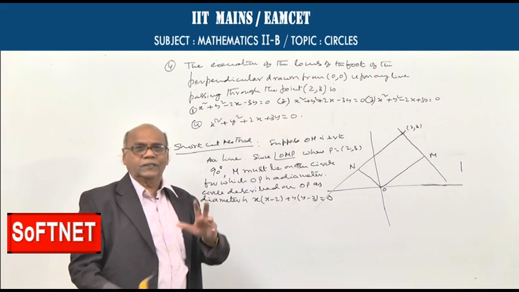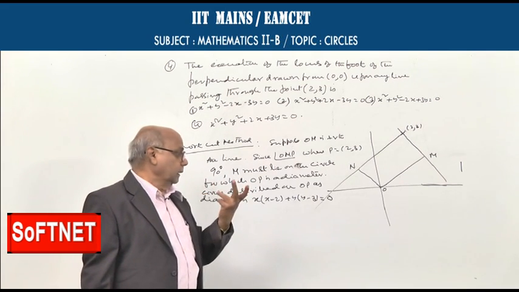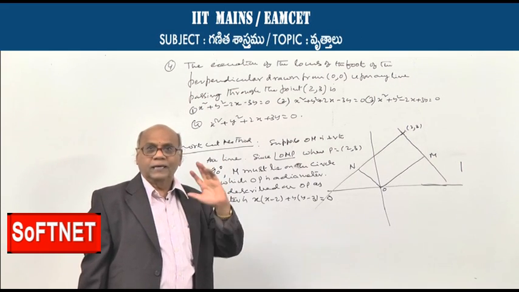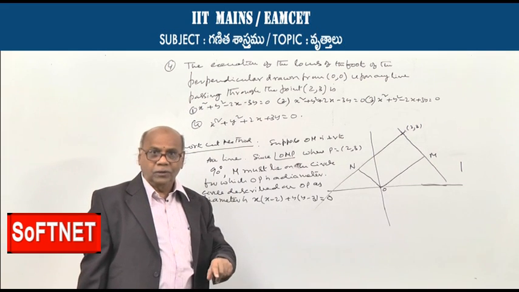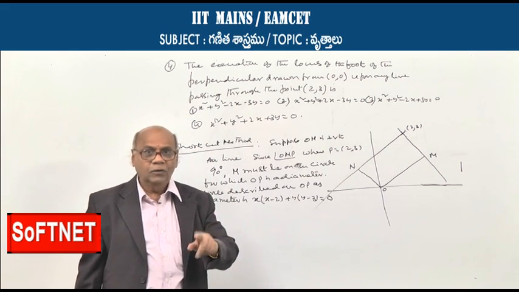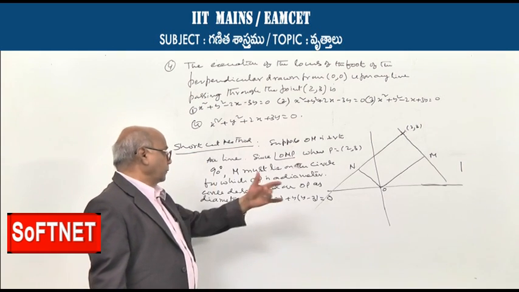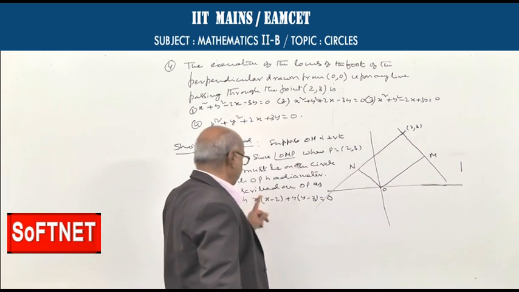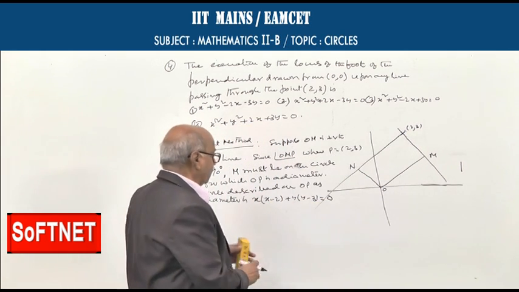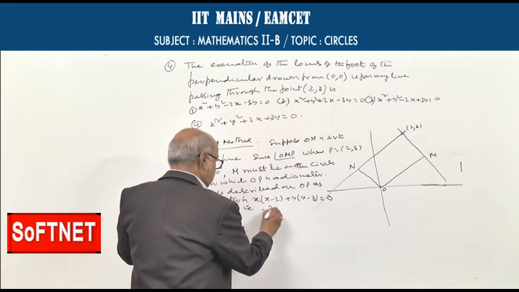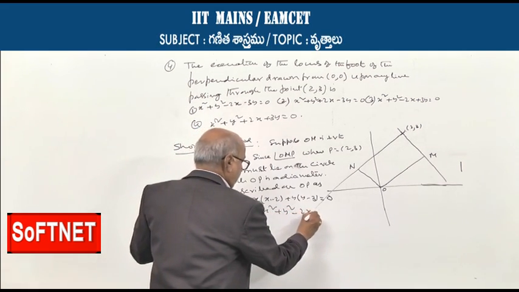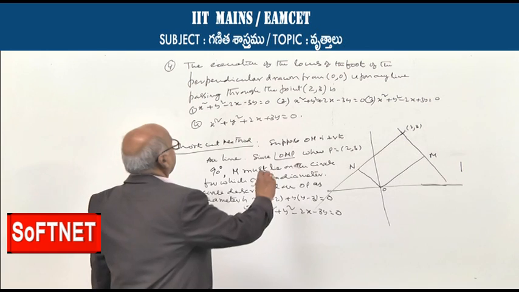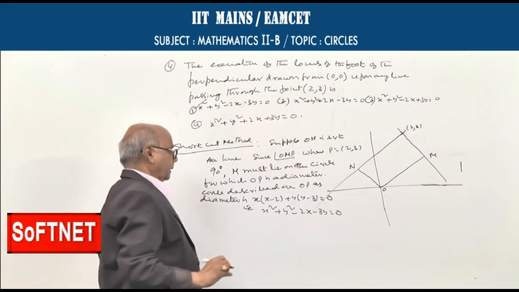Because you know the equation of the circle drawn with AB as diameter, where A is (x1, y1) and B is (x2, y2), is x minus x1 into x minus x2 plus y minus y1 into y minus y2 equal to 0. Here (x1, y1) is (0, 0) and (x2, y2) is (2, 3). So x into x minus 2 plus y into y minus 3 equal to 0, that is x square plus y square minus 2x minus 3y is equal to 0.